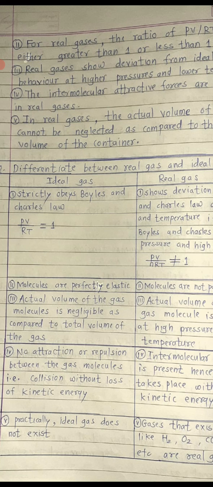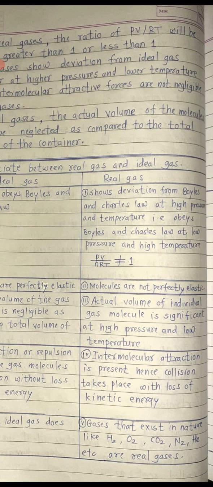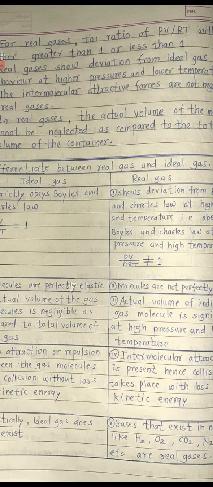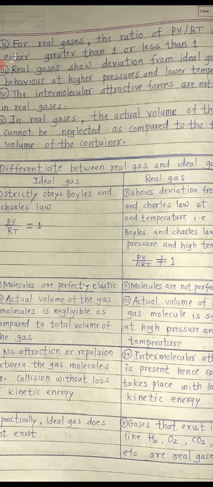Real gas shows deviation from Boyle's law and Charles law at high pressure and low temperature, and obeys them at low pressure and high temperature. So PV upon nRT is not equal to 1.